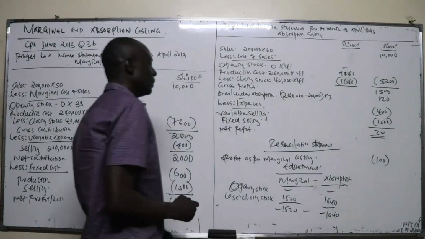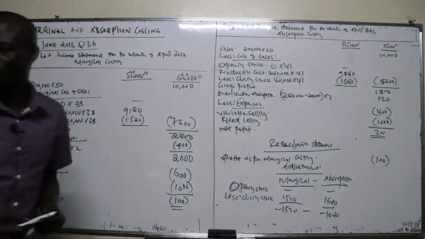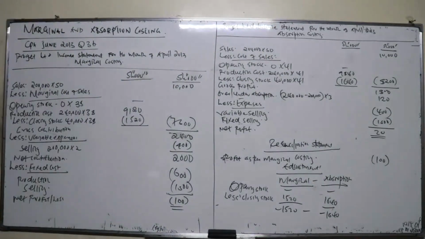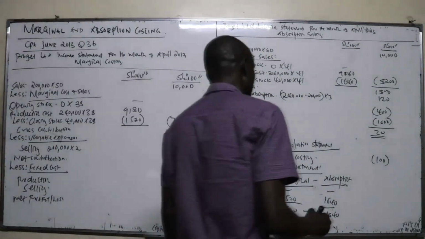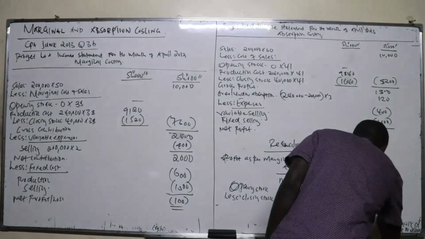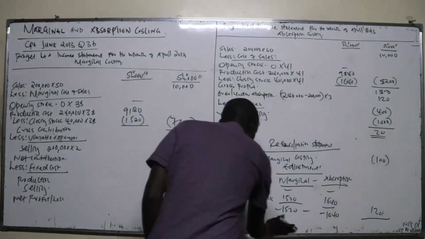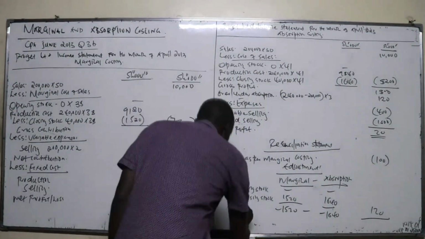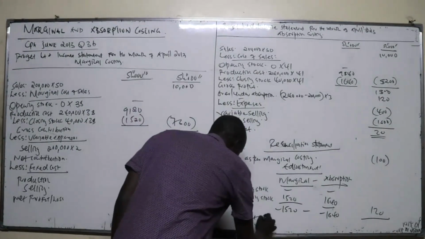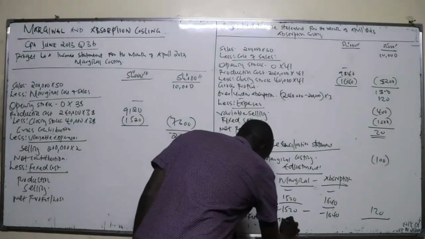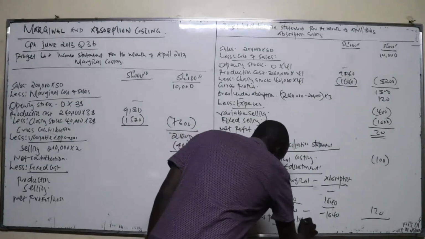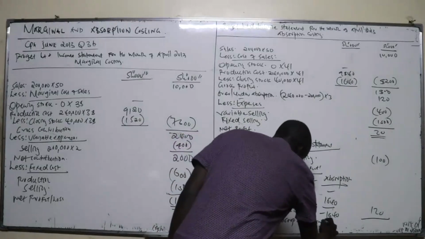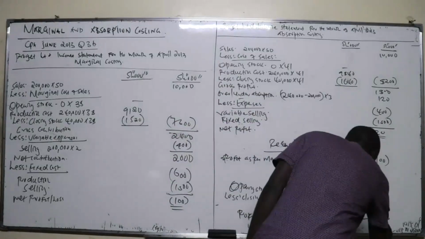So what do you get? 120. So you get 120 here. And then you get here what we call profit as per absorption costing, which is 20.